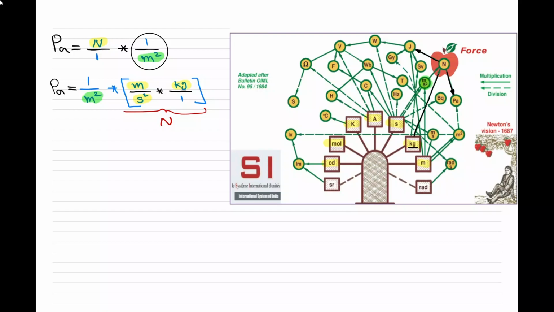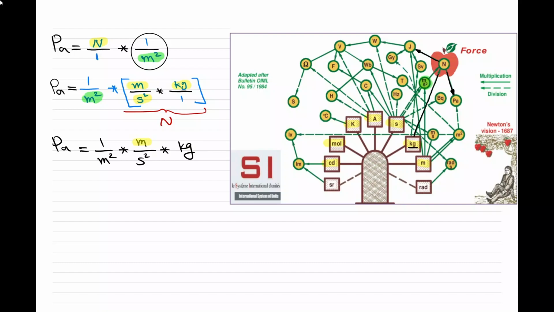So what we have here, let me rewrite it again in a good manner. So Pascal is equal to 1 over square meter multiplied by meter per square second multiplied by kilogram. So what can we say now?